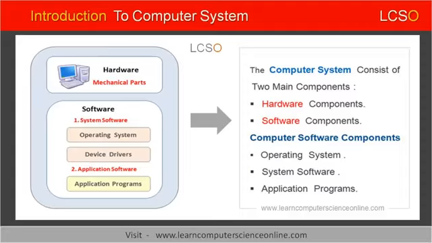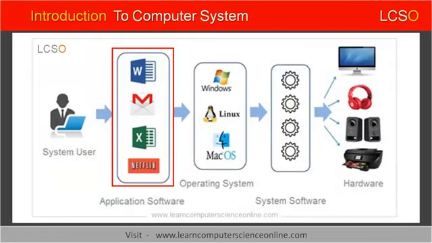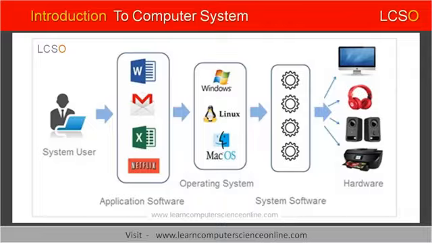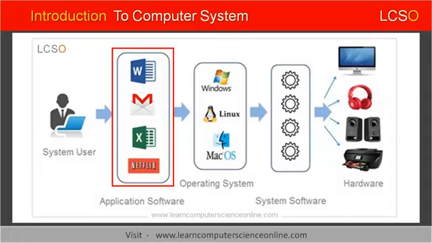The first type is called the application software, and the second type is called the system software. The application software is directly used by the system user to perform different tasks on the computer, such as Microsoft Word and PowerPoint.